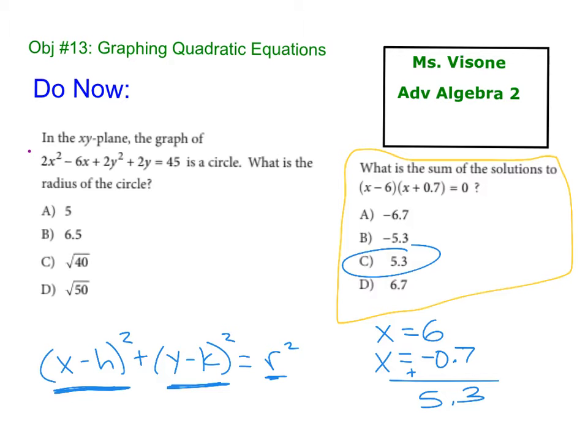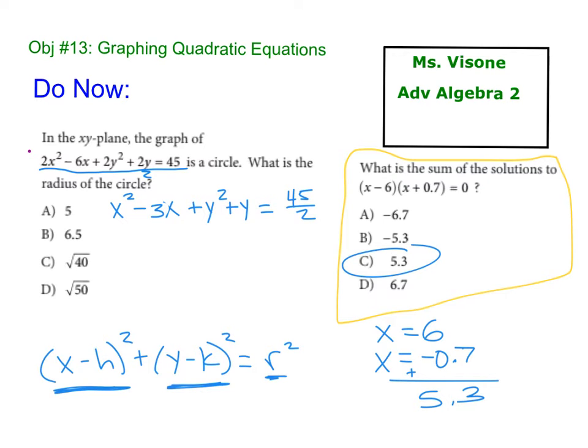So the first thing we need to do, we need to get rid of the 2 in front of our x squared and our y squared. So I'm going to divide everything by 2. So I get x squared minus 6x plus y squared plus y. I didn't divide. That should be a 3. All right, equals 45 over 2. So now we're going to complete the square.